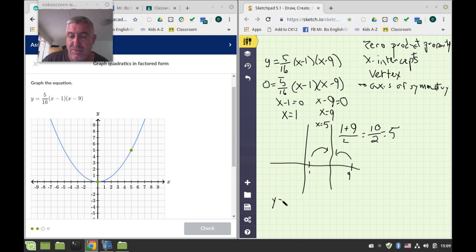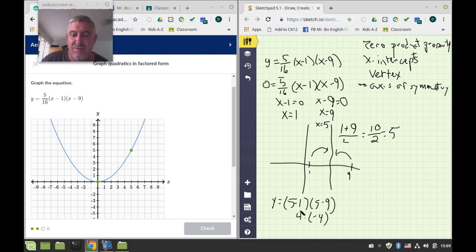So y is equal to 5 minus 1 times 5 minus 9, and you'll remember from the last video, this is going to look like a positive number and a negative number with the same magnitude, so the same size.